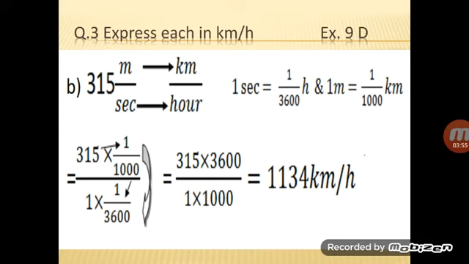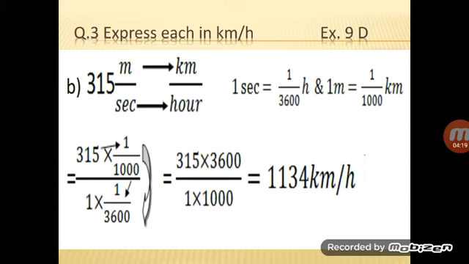Now in the numerator, we will multiply 315 with 1 over 1000, and in the denominator we will multiply 1 into 1 over 3600. As we know, if there is nothing in the denominator, it remains 1 over there, so that's why this 1 was there. Now fraction above fraction and fraction below fraction.